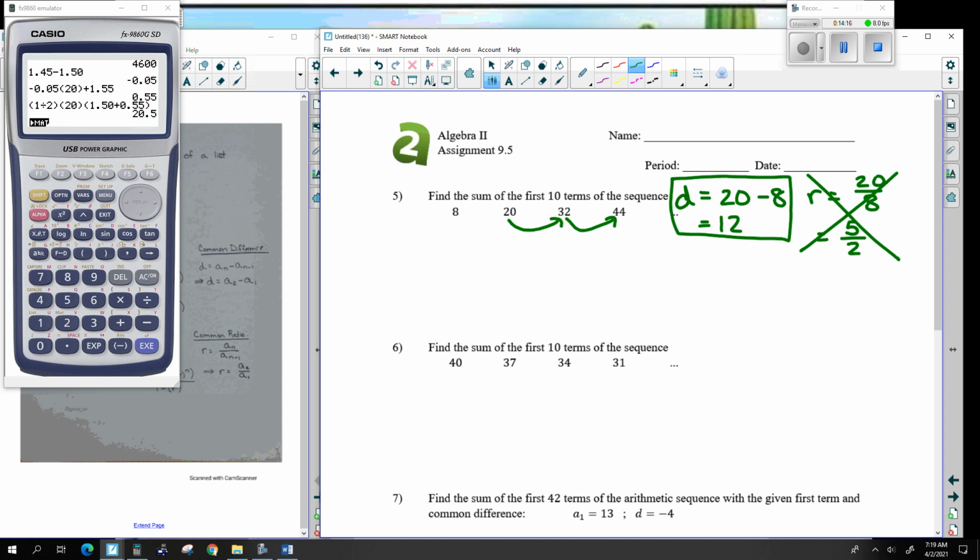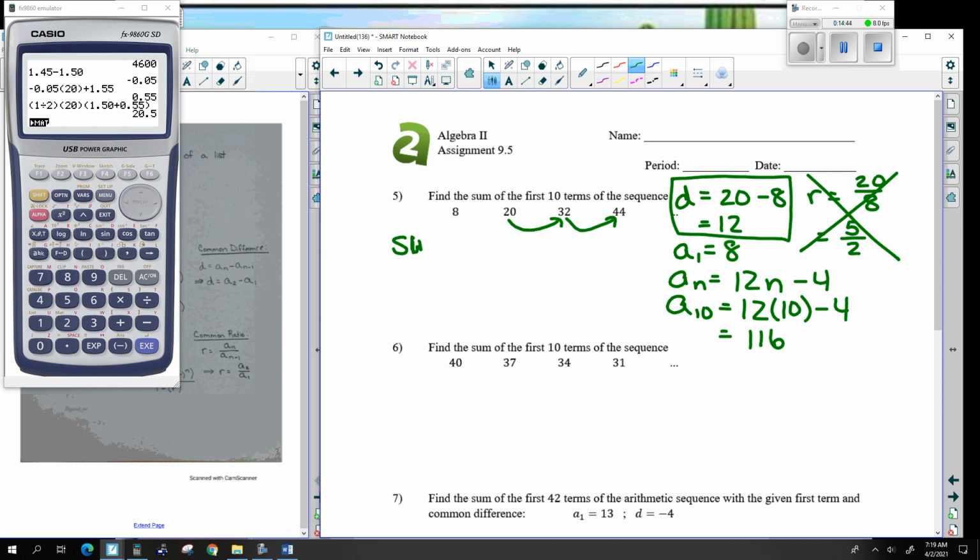Okay. So continuing on with that line of thinking, I see that a1 is 8, and an would be 12n, 8 minus 12 is -4. I'm looking for the sum of the 10th term, so I need to find this last number. So 120 minus 4 is 116.